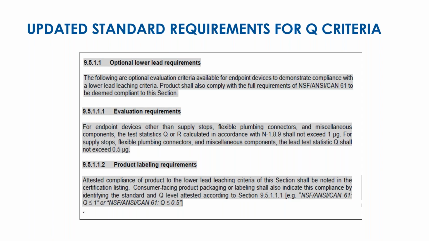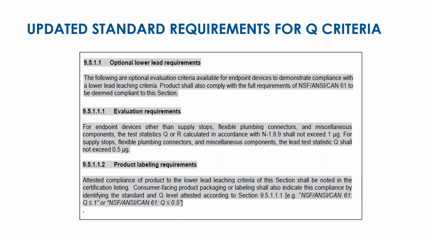The first one is shown here, and this section lists a series of optional lower lead requirements that manufacturers can choose to have their products evaluated to immediately. The update gives manufacturers the option, for now, to have their product evaluated and tested to the lower Q criterion of 1 microgram or 0.5 micrograms immediately.